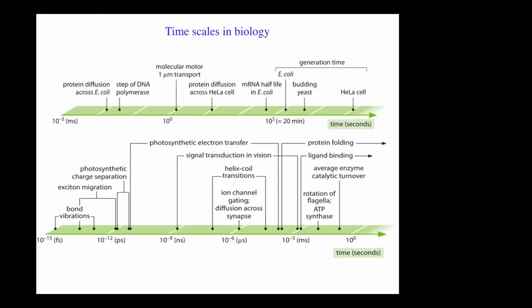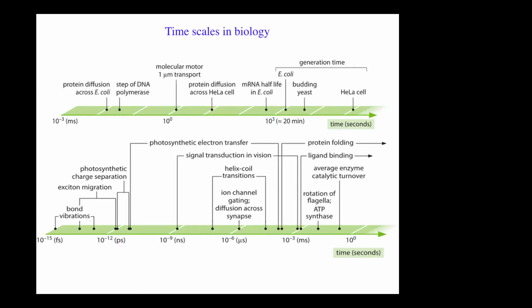And that movement becomes important now in transporting stuff in big cells like eukaryotic cells, because even though on the left side it took a protein 10 milliseconds to diffuse across a bacterium, it'll take 10 seconds to diffuse across a fairly average-sized cell, like a HeLa cancer cell.